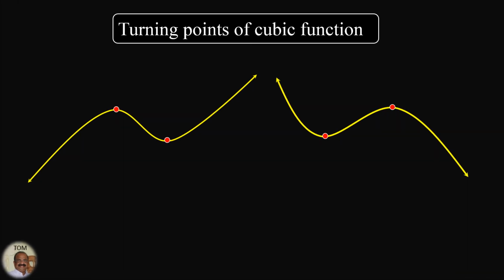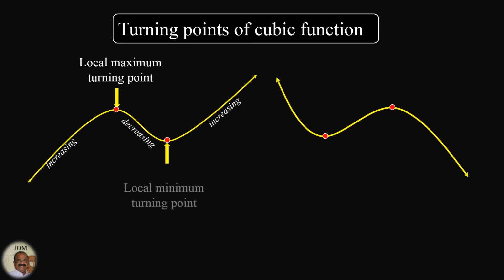Now, turning points on a cubic function. We have already seen increasing and decreasing. Again, we have a turning point. What is that? That one is a local maximum turning point. Come to the next one. Decreasing, then increasing. What is that? It will be a local minimum turning point.